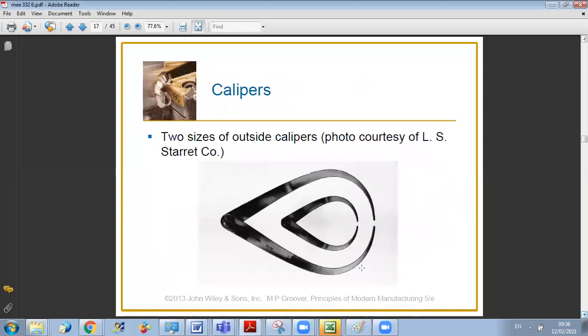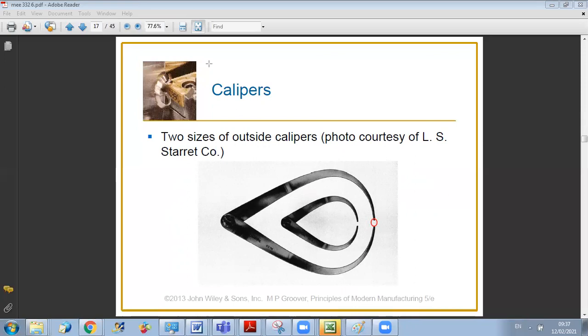For example, this is a non-graduated tool. You might put an object between the ends of this tool, for example here, and you want to measure this length. This is not graduated, but you can transfer the length.